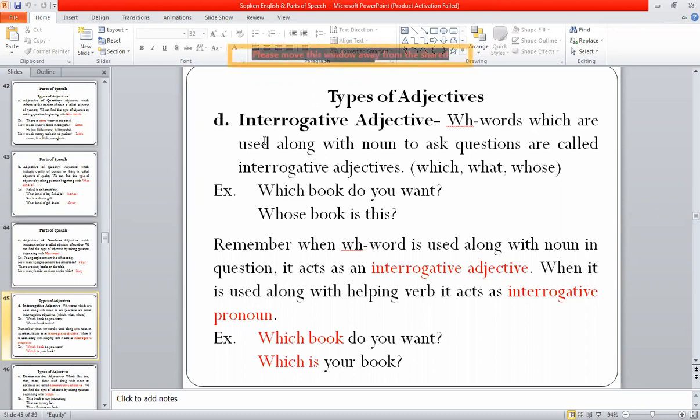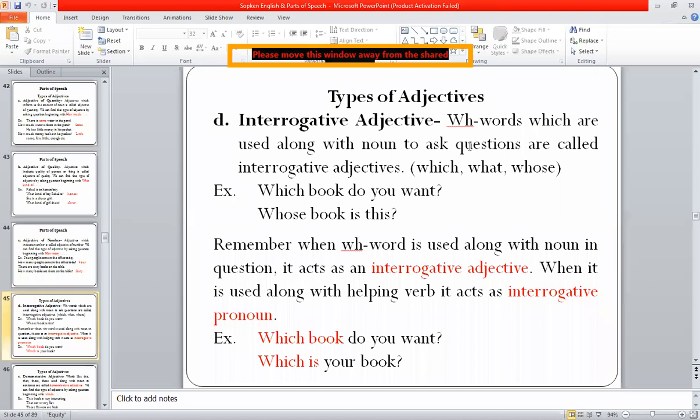So here in this example, this WH word which is coming before the verb. Is is a helping verb or auxiliary verb, and which is the word coming before that auxiliary verb, and that is why it is called an interrogative pronoun.